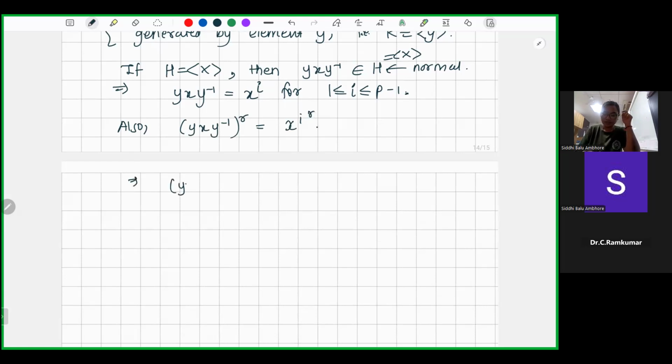Because note that y inverse is y, these two get cancelled, and I get x power x square.